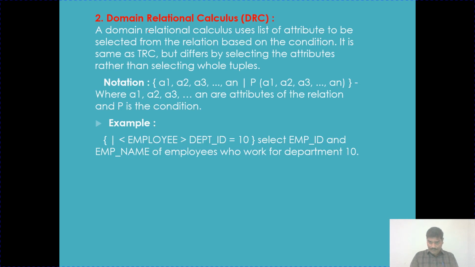The main difference is that in tuple relational calculus, we select the rows from the table or from the relation. Here, domain relational calculus is to select the attributes from the table. That is the difference between tuple relational calculus and domain relational calculus. The definition of domain relational calculus is that it uses a list of attributes to be selected from the relation based on the condition.